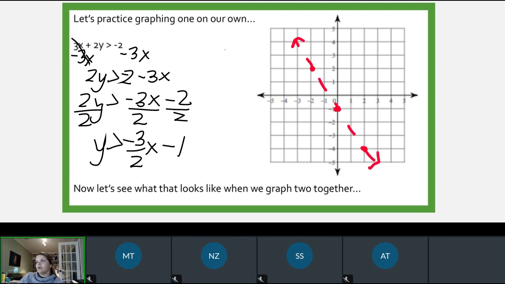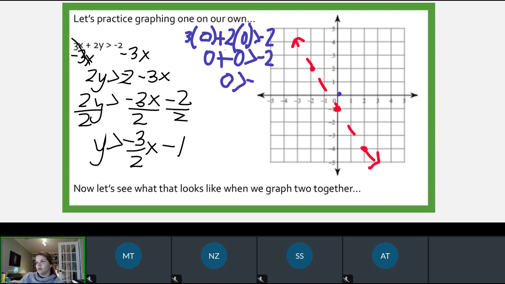And now this is where I'm going to use my test point. So I'm going to use 0, 0 because that point is not on my line. So I'm going to do 3 times 0 plus 2 times 0 and check if that is greater than negative 2. So 3 times 0 is 0 plus 2 times 0 is 0. 0 plus 0 would be 0.